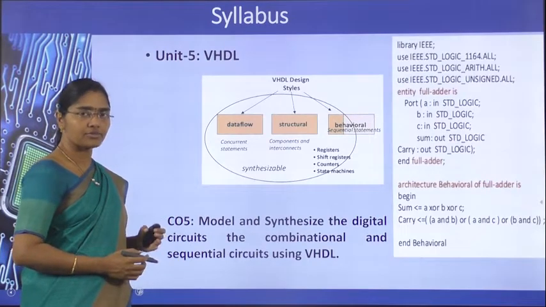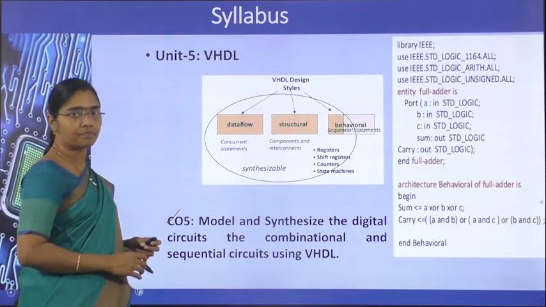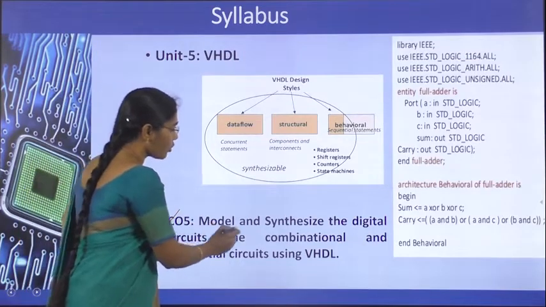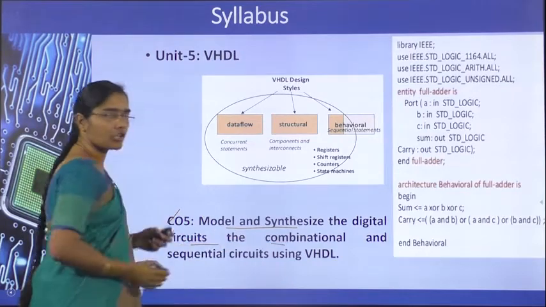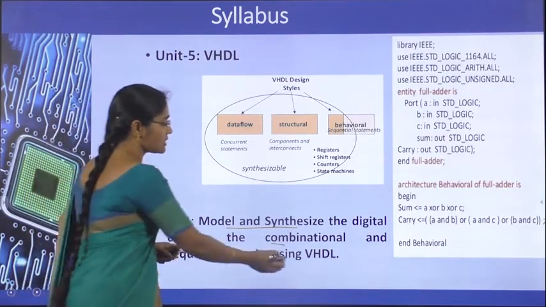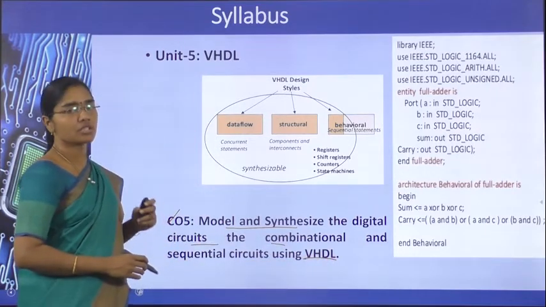Then fifth unit is designed to achieve the fifth outcome, that is model and synthesize the digital circuits like the combinational and sequential circuits using VHDL. So our fifth unit is VHDL.